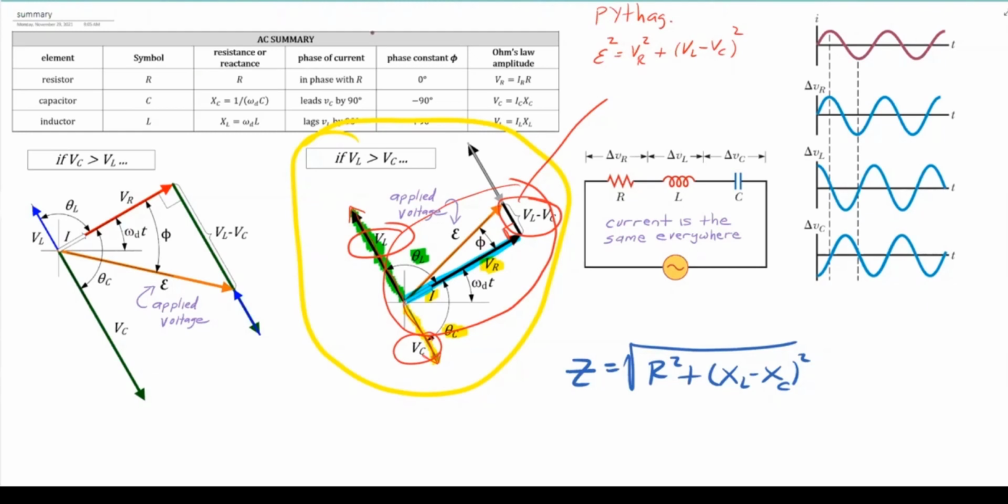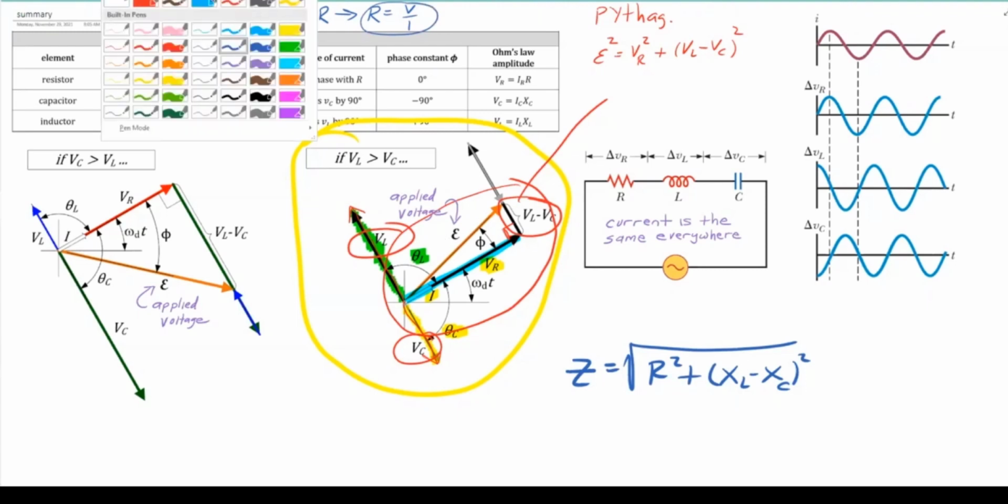Now, what I'm going to do is go up to each one of these elements and divide through by current. And I'm going to remember Ohm's law. Here's Ohm's law, V equals IR. So if V equals IR, I can say R equals V over I. All right, so I'm going to go up to each one of these voltage values and divide through by current.